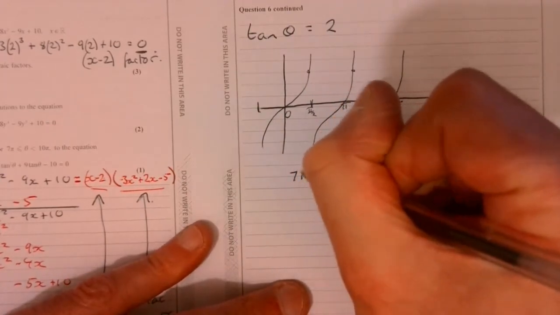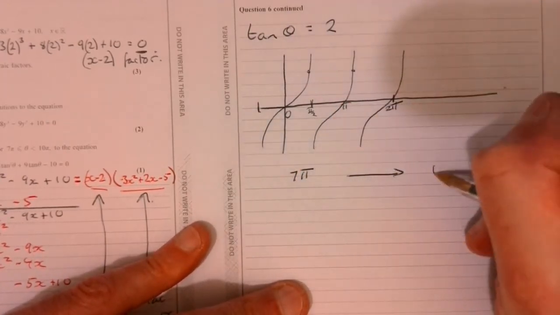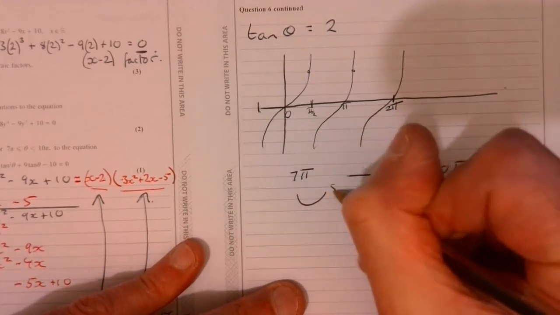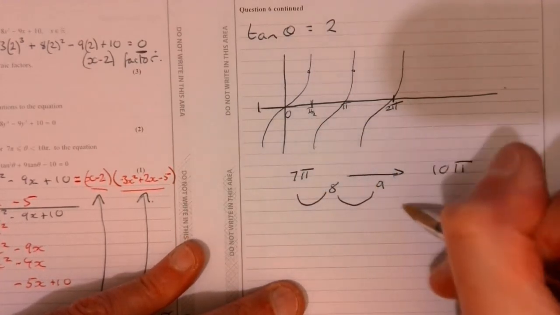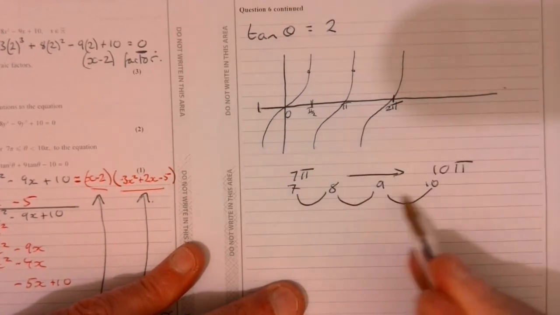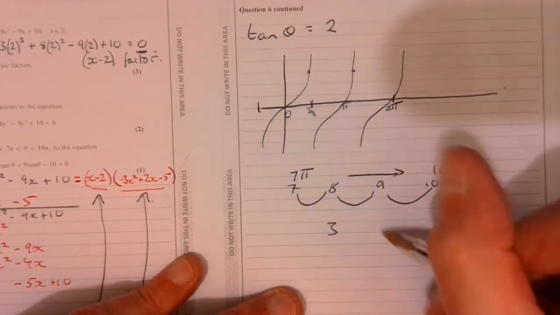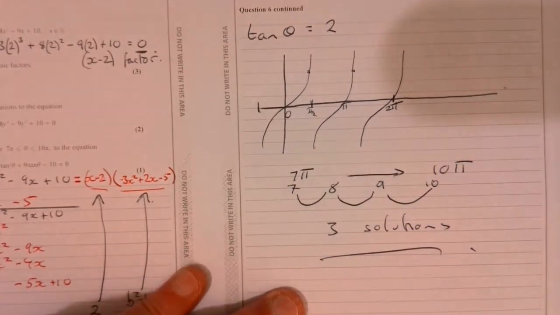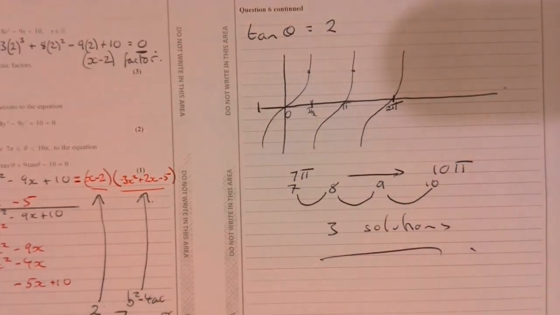So going from 7 pi up to 10 pi, I go 7, 8, 9, 10: 1, 2, 3. So there must be 3 solutions. The question doesn't ask us to actually work out what the solutions are.